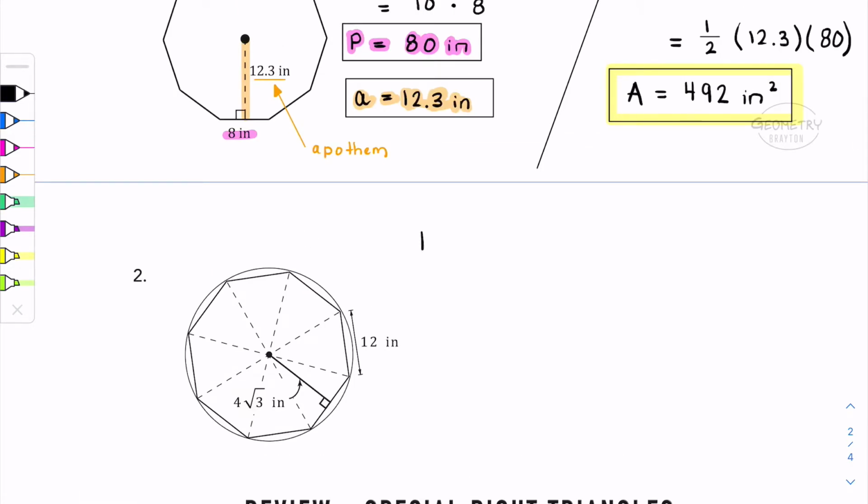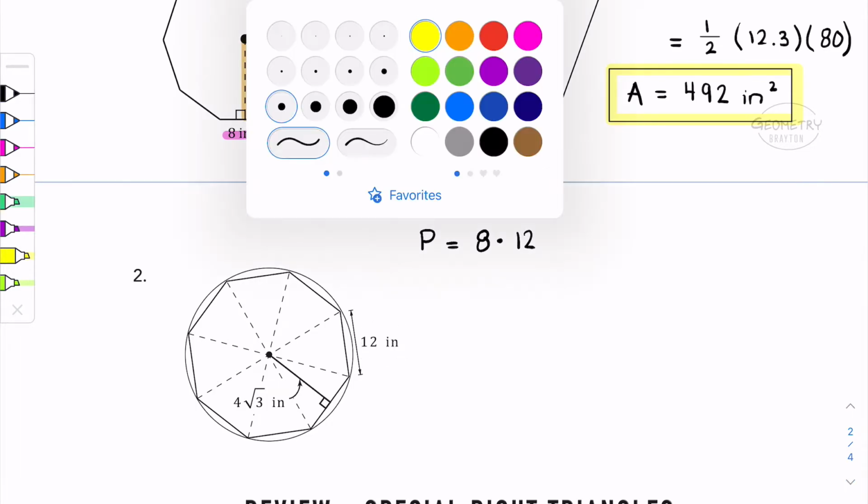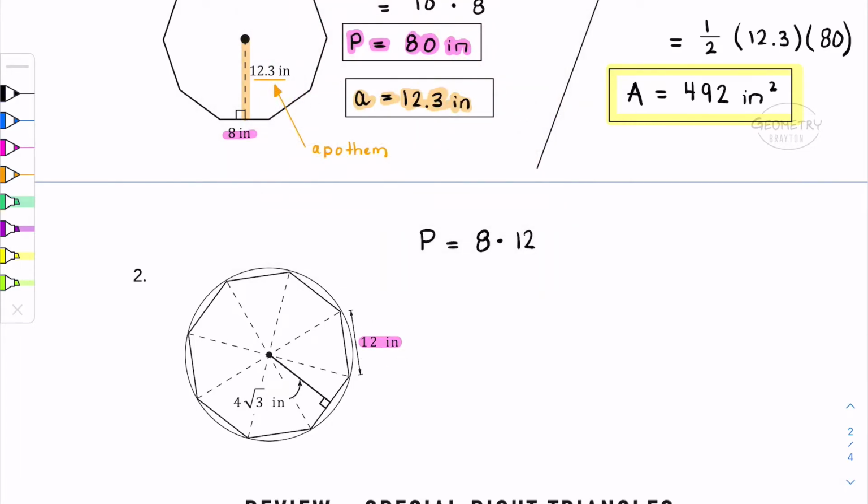To find the perimeter, we're going to do the number of sides, which is 8, multiplied by the length of each side, which we know is 12. And when I calculate it, this perimeter is 96 inches.